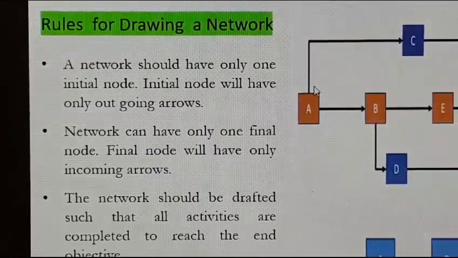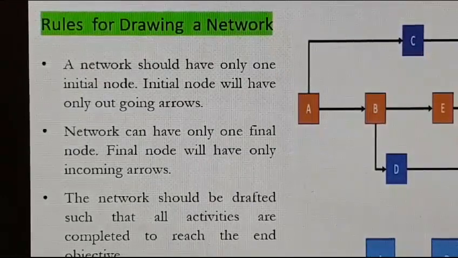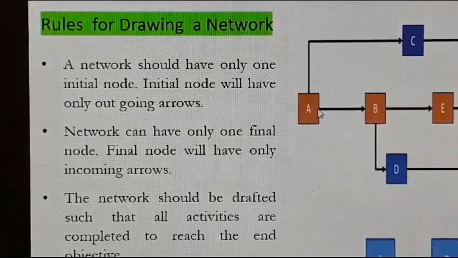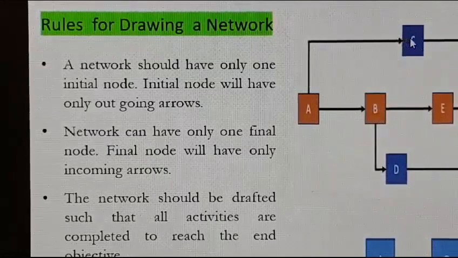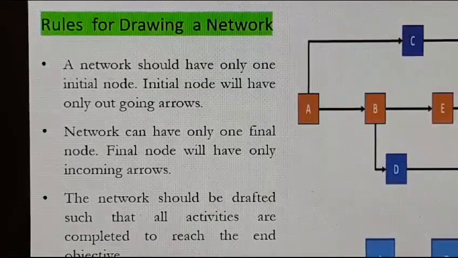And the initial node will have only outgoing arrows. So from this node there is an outgoing arrow to another node B, and another outgoing arrow from A to C. That is the meaning: an initial node will have only outgoing arrows.